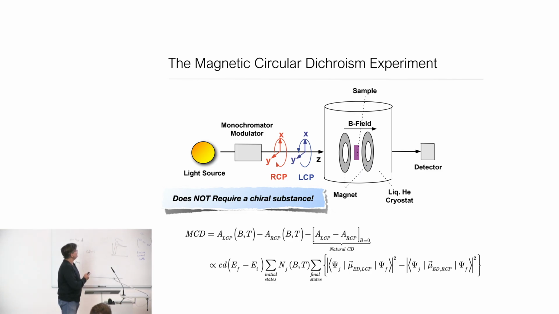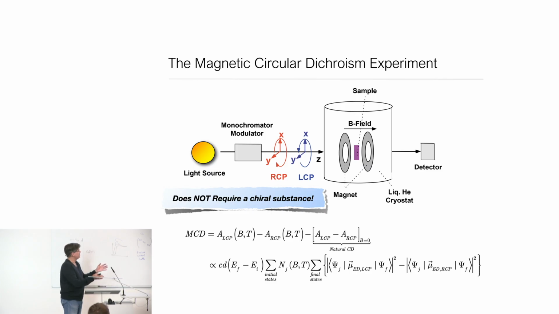So you start here by having a light source that is emitting a spectrum of light, and it passes through a monochromator, and then what is called a photoelastic modulator. The photoelastic modulator uses the piezoelectric effect in order to produce right or left circularly polarized light.